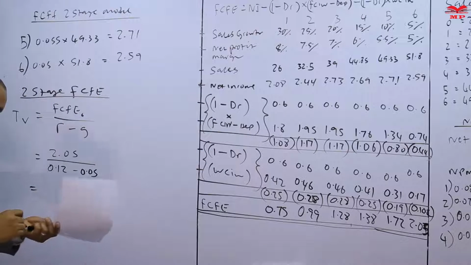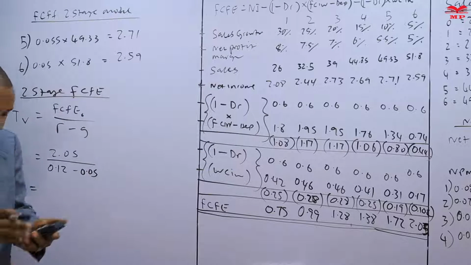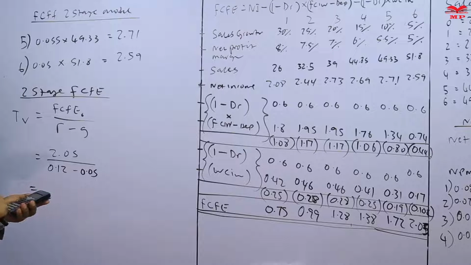So how much do we get as the terminal value? 2.05 divided by 0.12 minus 0.05, we get 29.28.